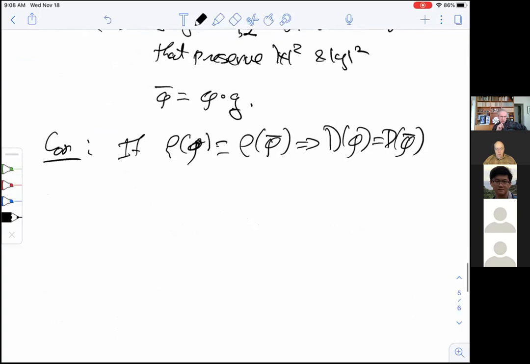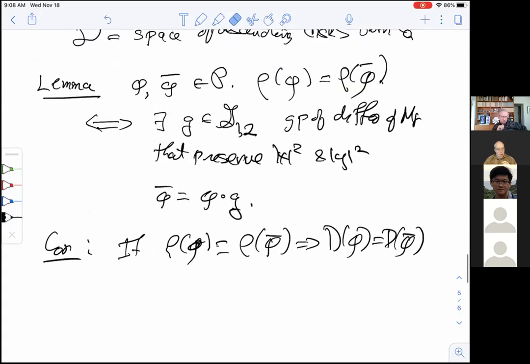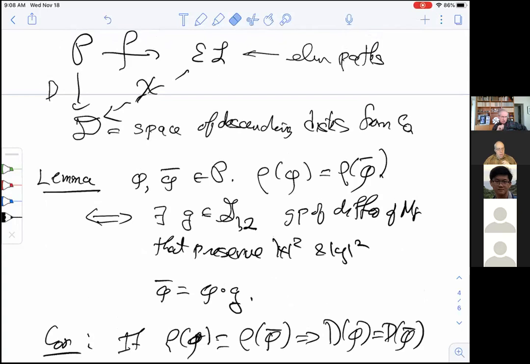And now the theorem. Maybe before stating it, I'll say a little bit about it: after an appropriate modification of EL to make it a reasonable space, this map induces an isomorphism on homotopy groups. So this space, slightly modified to make it reasonable, is homotopy equivalent to the space of descending disks.